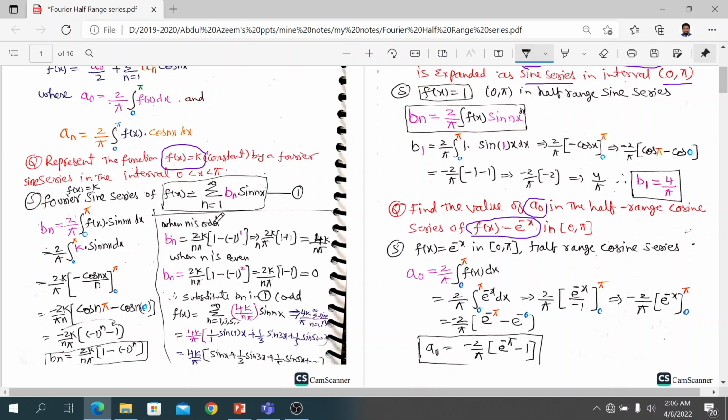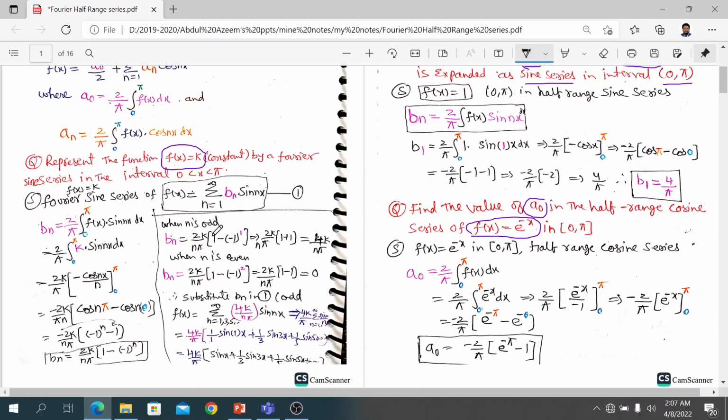If n is odd, suppose I take n equal to 1, minus 1 power of 1 is minus 1, minus into minus plus, so 1 plus 1 is 2, and 2 into 2 gives 4k by n pi when n is odd. If n is even, suppose 2, minus 1 power of 2 is 1, 1 minus 1 is 0, 0 into something is 0. So we have only the 4k by n pi value when n is odd.